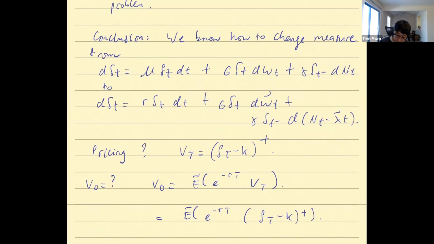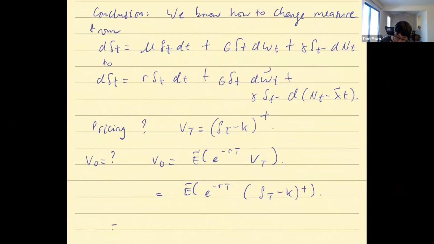Except the ST has now changed. The ST now is no longer the Black-Scholes model, but becomes S0 e to the R minus 1/2 sigma squared times T plus sigma W tilde T. And oh, I'm sorry, there's a lambda tilde too. So you have the R minus lambda tilde.